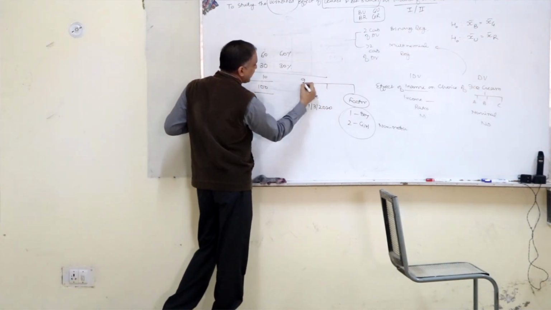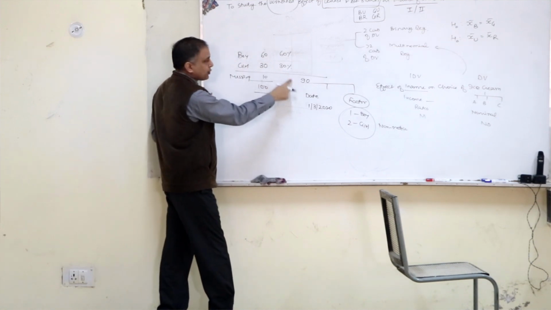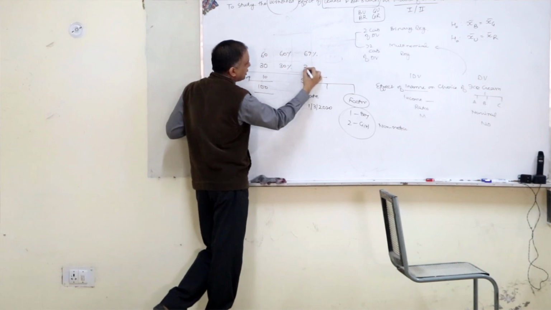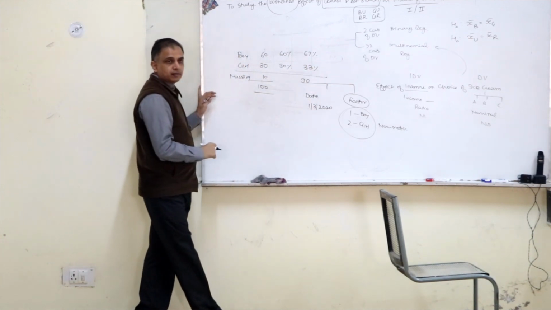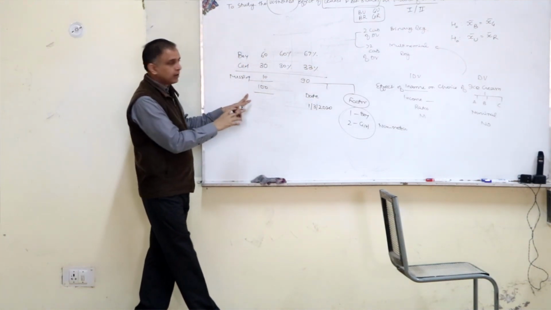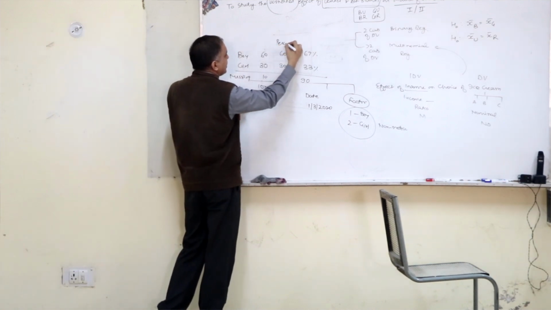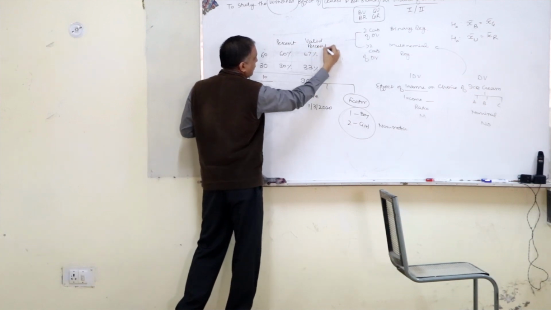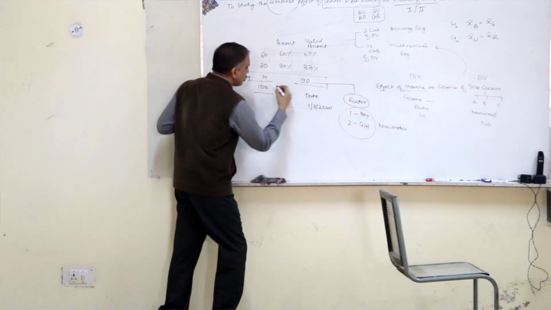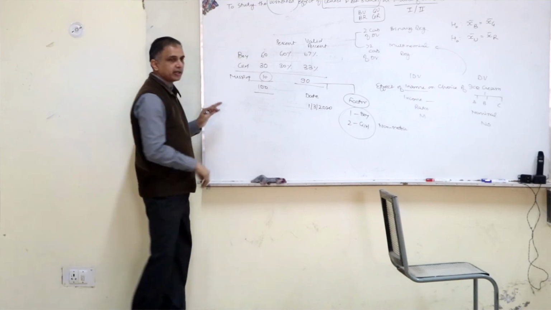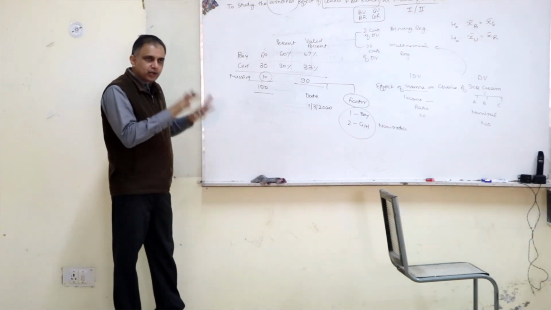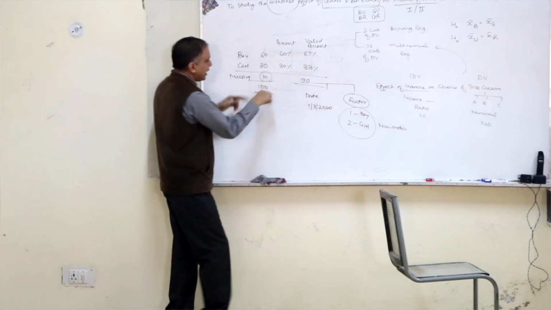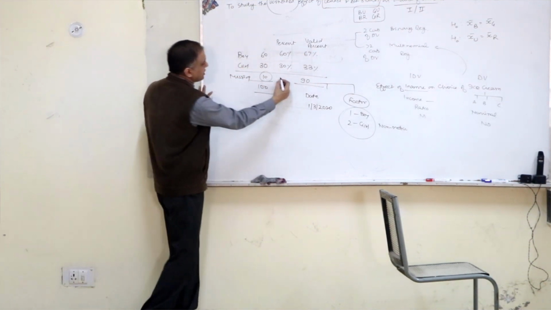If I take the total as 90, then 60 by 90 is 67% for the boys and 33% for the girls. Do you get this idea? This is called the percentage and this is called valid percent. Valid percent means those who are actually present; 10 are missing, 10 didn't reply. Out of those who replied, 67% were boys, 33% girls. And out of the total, 10% were missing.